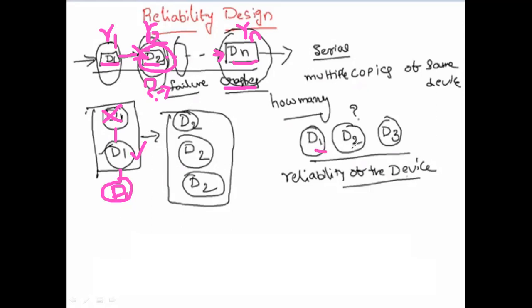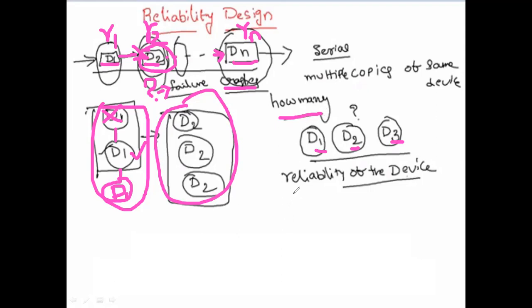Now, how many devices do we use for D1? For D2, how many devices do we have to use? And for D3, how many devices are we going to use? That is the problem: the reliability depends on how many copies we use for each device.